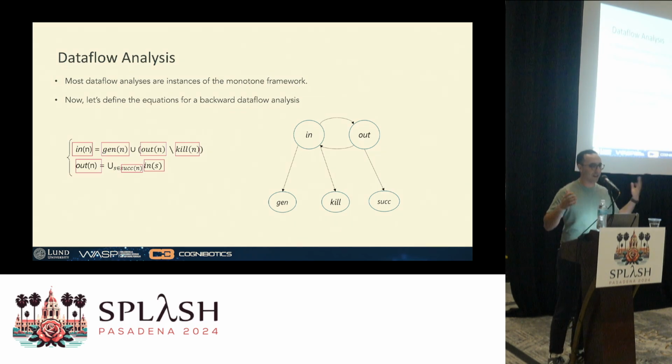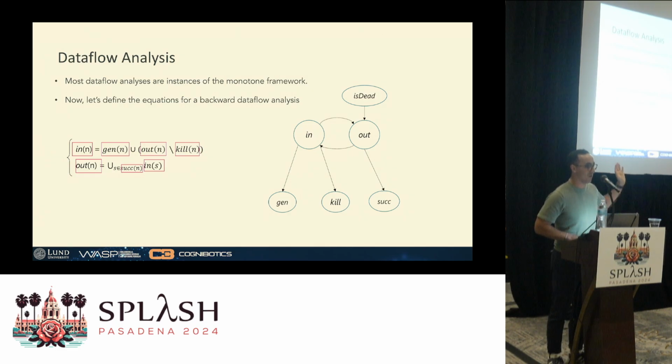Now that we have in and out, we somehow have to interpret the information that we have in these in and out sets. For example, we can use a function, or an attribute, to figure out what is in this out set. So we can use that to figure out if a variable or an assignment is dead.